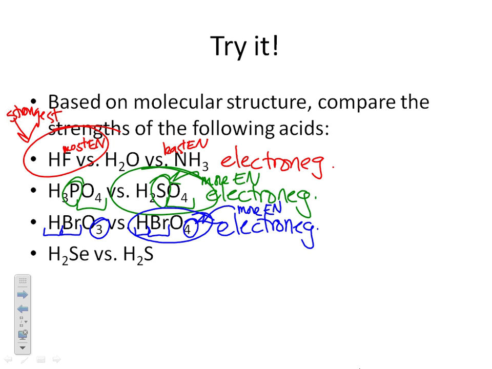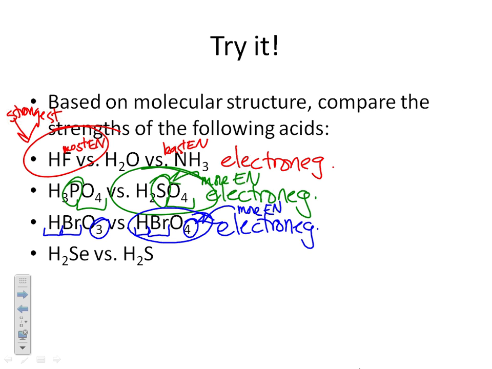And then the last example, H2Se versus H2S, where it's always about two possibilities: electronegativity and atomic radius. Now we do have binary acids in this case, so we kind of have to go back and think, is this about electronegativity, yes or no? So we're comparing what it's bonded to, sulfur versus selenium. If you look at the periodic table, sulfur and selenium are in the same group.